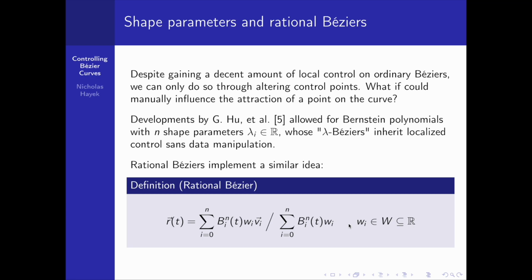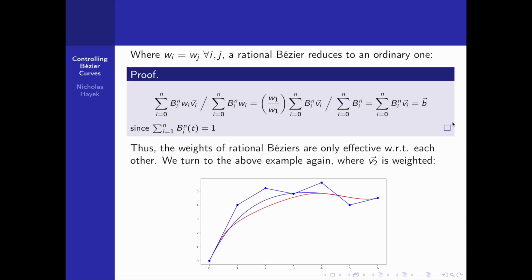Essentially, you compute a Bezier where the control points have each attached weights, and you put it over this coefficient, which is the sum of these Bernsteins multiplied by those weights. Importantly, if all of these weights are equivalent to each other, we are going to reduce to a normal Bezier curve. And so this encodes something of an orthogonality requirement with these weights.